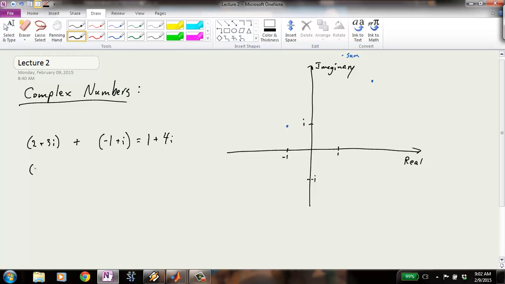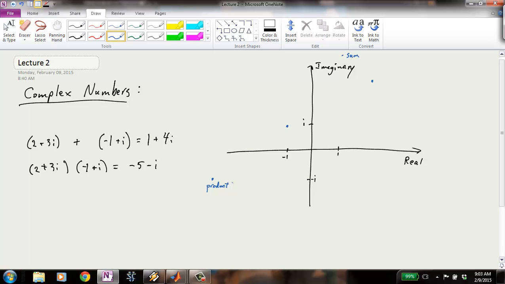I'll just write the answer. We won't work it out because that was too easy. So the product of these two is going to be minus 5 minus i, which we see as this point over here. So this is the product.